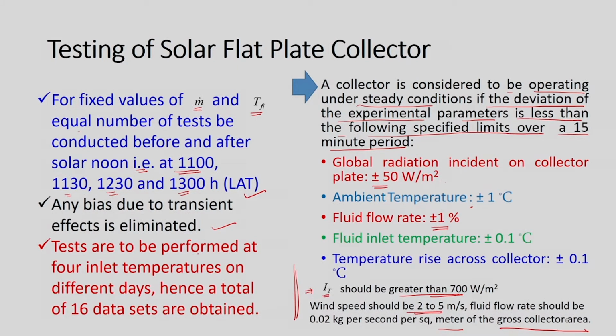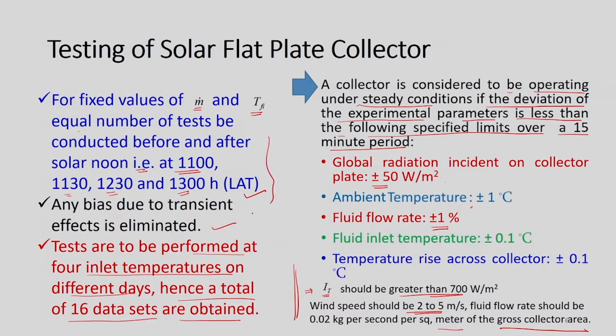The tests are to be performed at 4 inlet temperatures on different days. A minimum of 4 days is required to characterize a flat plate collector. Hence, a total of 16 data sets are obtained if we perform for 4 days during the time mentioned here.